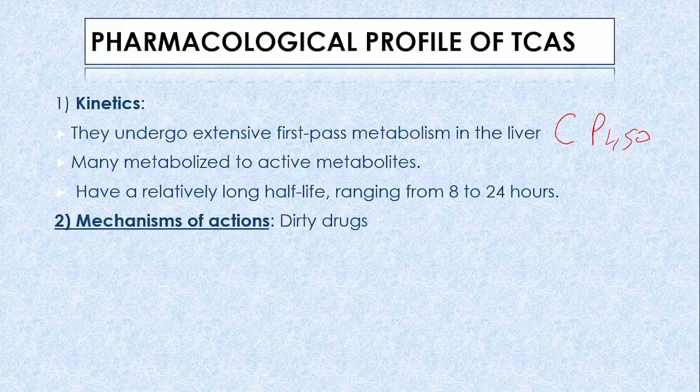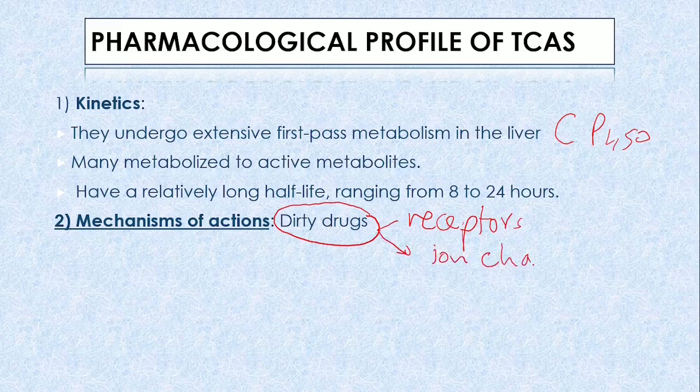These drugs have different mechanisms of action. That's why they are known as dirty drugs. Why are they known as dirty drugs? Because they act on different receptors. They are blockers on different receptors, as well as blockers of different ion channels, as you will see later. They are not selective in their action.